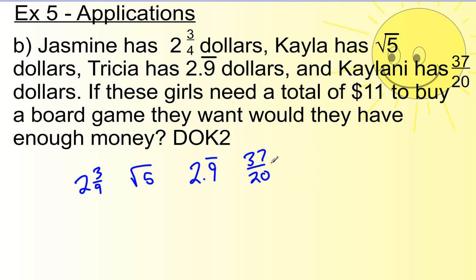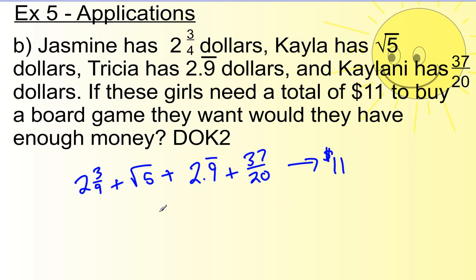So what the problem is saying is that if all of these numbers together is equal to $11 or more, so they have to have at least $11 to buy the board game they want. So if I take this number plus this number plus this number plus this number, is that number at least $11?